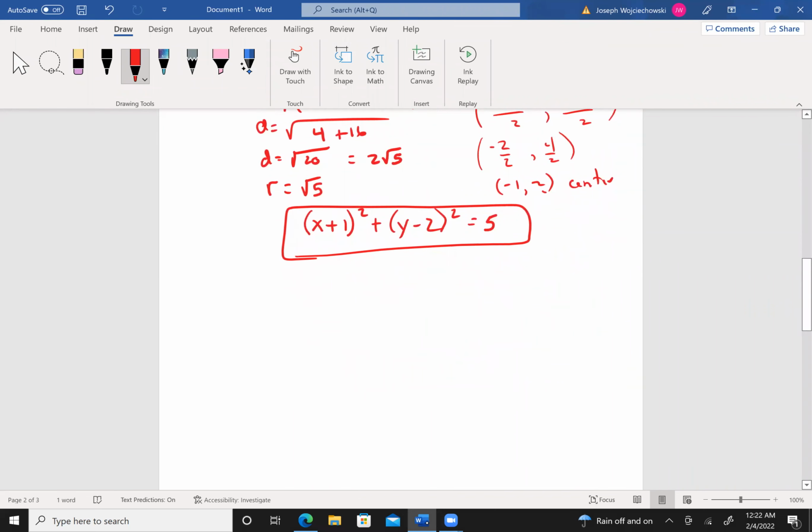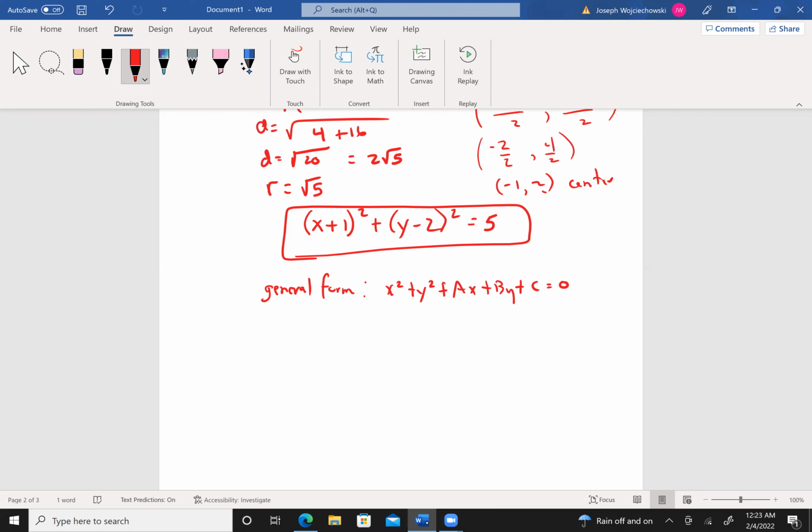Okay, the next thing we look at is general form. That was standard form. This is general form. And it's something like this: x squared plus y squared plus ax plus by plus c equals 0. That's general form of a circle.